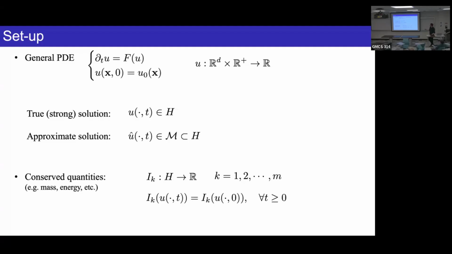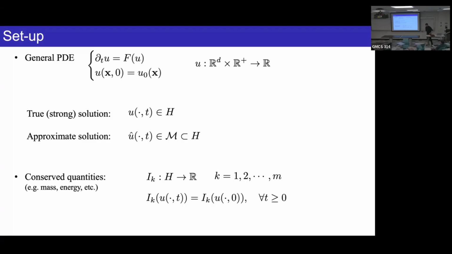Therefore, I'm assuming that the solution has enough regularity. The approximate solutions of the PDE, numerical solutions, I'm going to denote by u hat to distinguish it from the true solution. And it's going to belong to some subset of this function space H. We'll see in the case of shape-morphing solutions that this turns out to be a manifold, this space M.